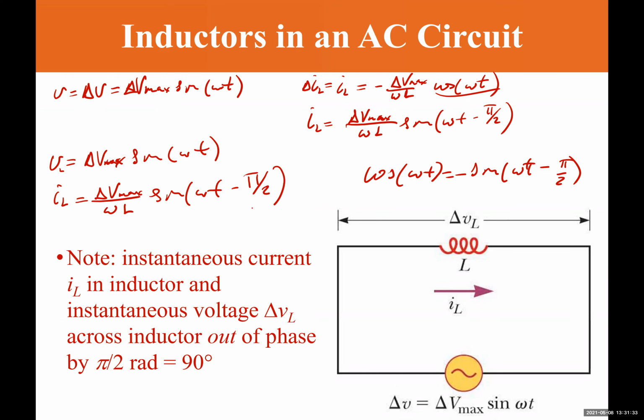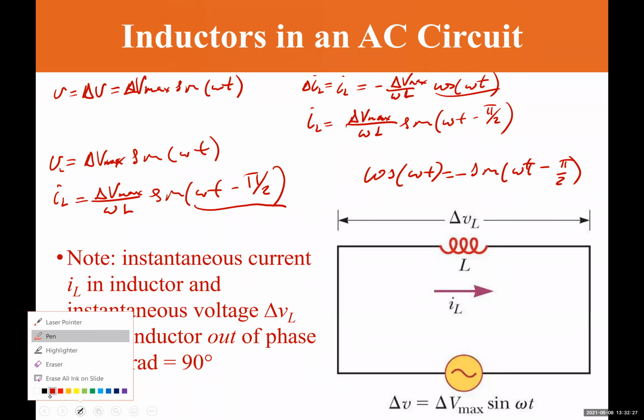Those two are out of phase by exactly pi over 2, or 90 degrees. One thing to remember is that whenever we're using these calculations, we need to keep our calculator in radian mode, so that those arguments are in radians.